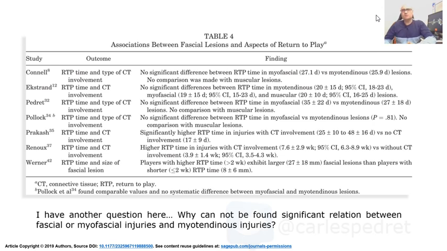And also the myofascial injuries in the soleus muscle, anterior and posterior, had a very long return to play. And I think that this is not really true nowadays, because anterior and posterior aponeurosis has the same return to play as a lateral, medial or central tendon injury.